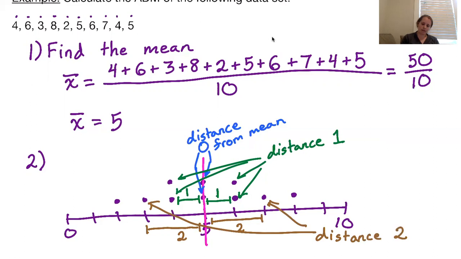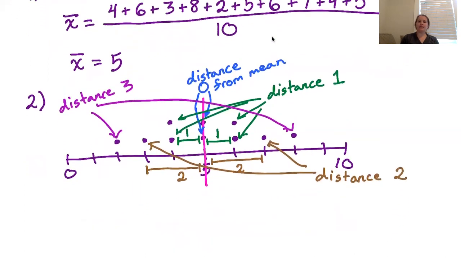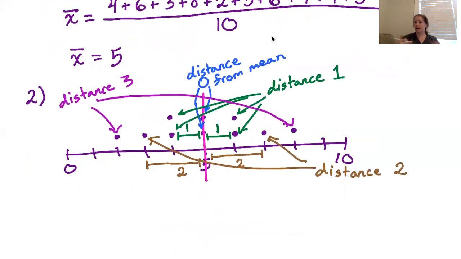And finally, these last ones are distance 3. So if I wanted to take the mean, we still have 10 values we're looking at, but now we're just studying the distances. So that was finding the distances. Next up, we are going to find the average distance.